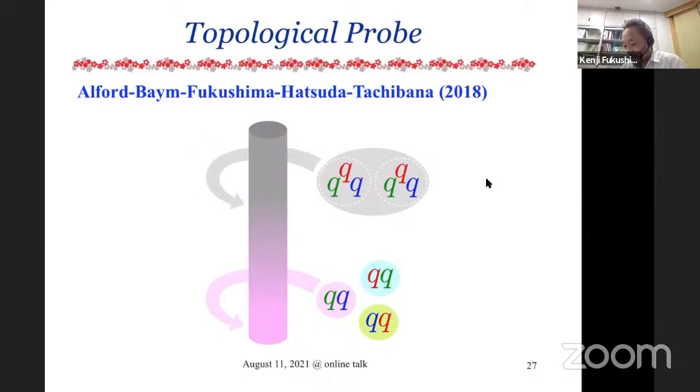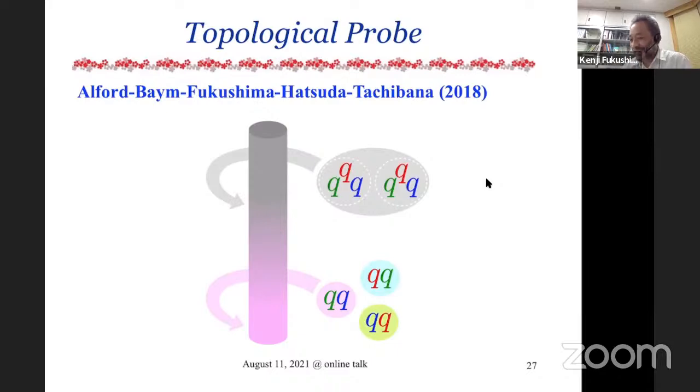But inside the quark matter, they are restructured into three diquarks, and one diquark takes care of the circulation of the vortex. The circulation of the vortex is a topological object, so the winding number should be conserved. The winding number is a topological number, so it cannot be changed. That winding number is related to the supercurrent around the vortex, and it can be smoothly connected by this restructuring of the degrees of freedom. So that was our scenario.